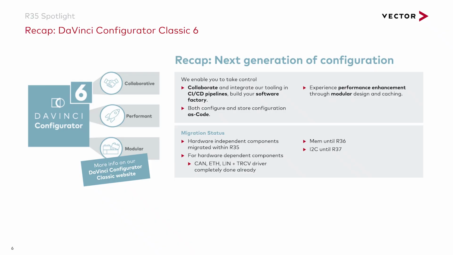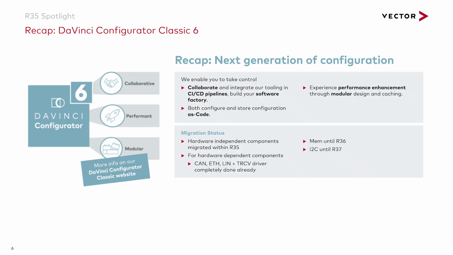Let us have a look at the migration roadmap. Hardware-independent components have been migrated with Release 35 already, while MCAL components need to be differentiated. With Release 35, we migrated CAN, Ethernet, LIN drivers, and corresponding transceiver components.